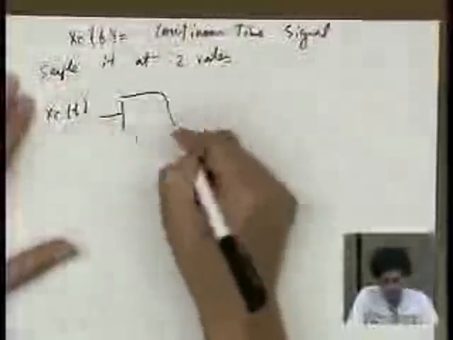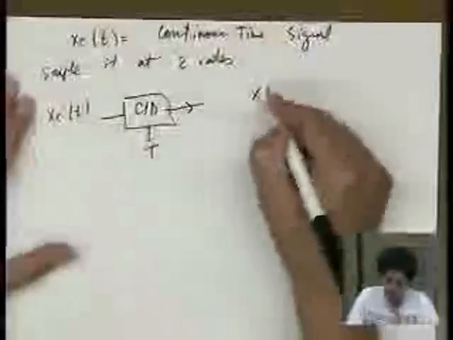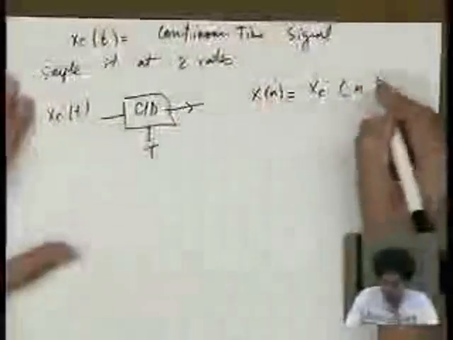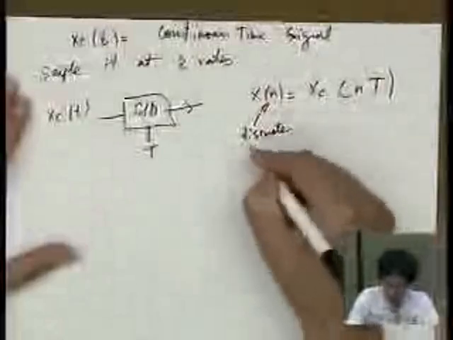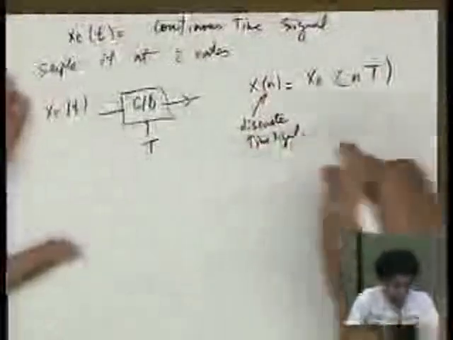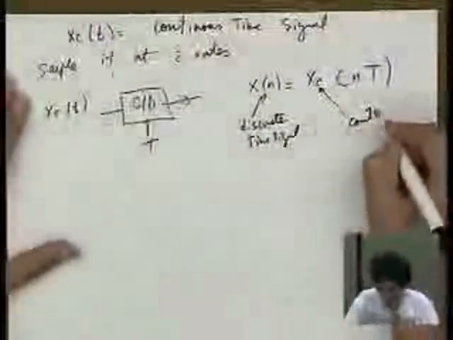Case 1, I sample it at rate T, and what I get is x of n equal to x sub c of nT. This is my discrete time signal, and this x sub c, again, c stands for continuous time.